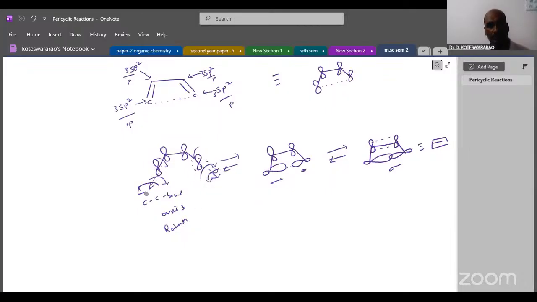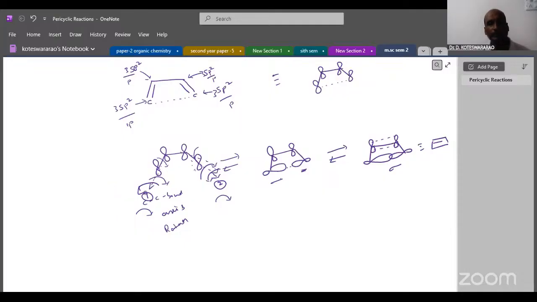Treat the two ends as terminus 1 and terminus 2. In the first pattern, terminus 1 is clockwise and the second terminus is also clockwise.